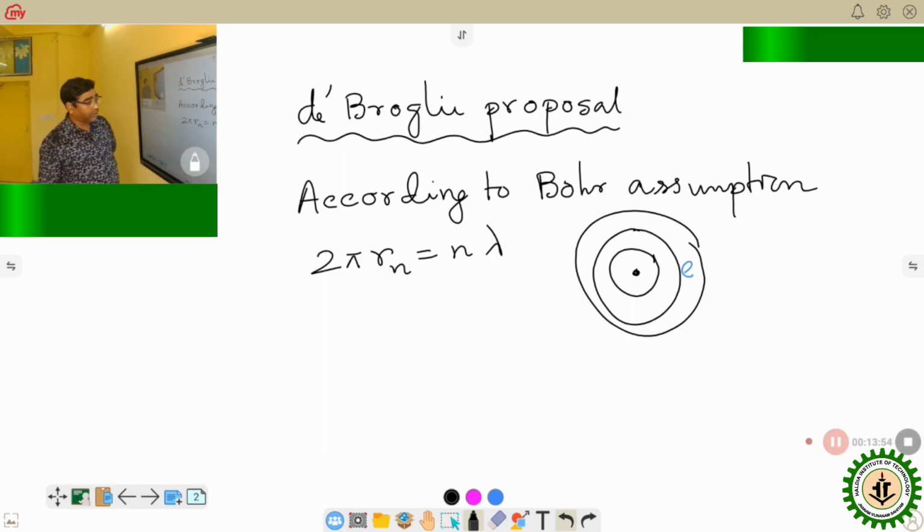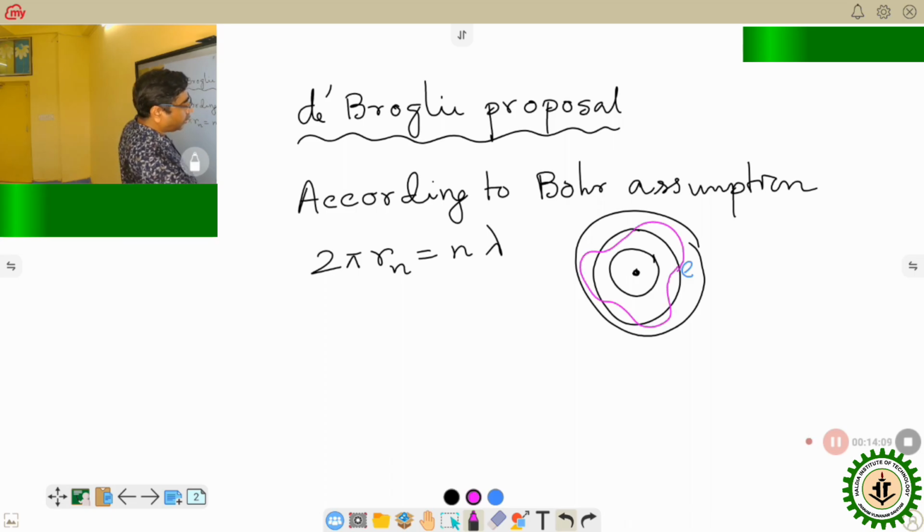The electron, revolving around the nucleus, will complete an integral number of oscillations during the revolution. It would never be fractional in terms of wavelength.